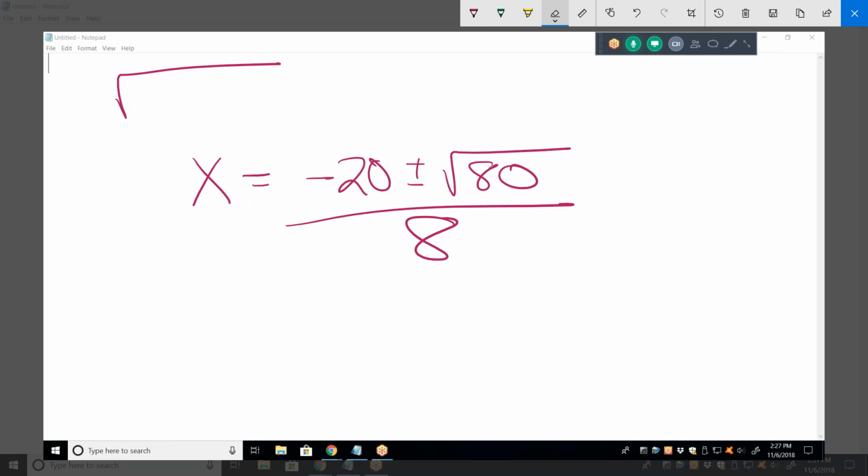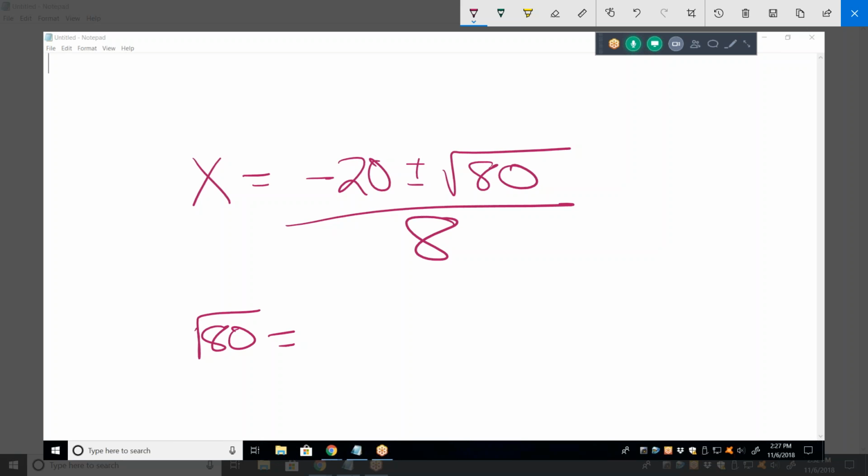All right. Where we want to start here is with that radical. In other words, what does the square root of 80 turn into? Now, the job here is to find a factor of 80 that is a perfect square number. Well, your perfect square numbers are 4, 9, 16, 25. And you would prefer the largest one.